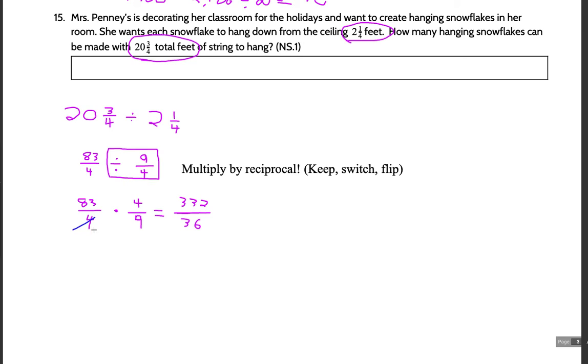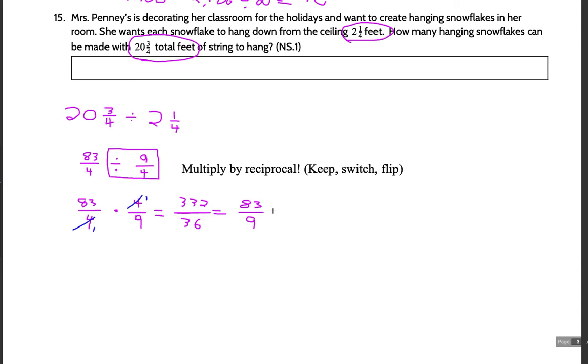These could be simplified to 1 and 1. So if you did that ahead of time, you would have 83 over 9. If the canceling out is tricky, and you took this and simplified it just by dividing it in half and then dividing it in half again, you'd get the same fraction.